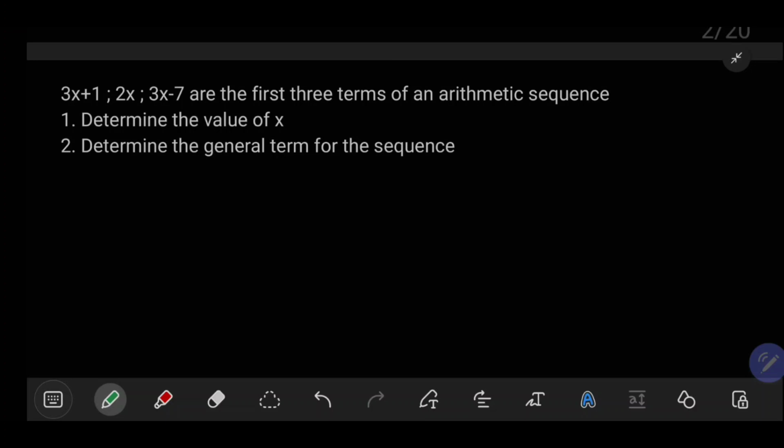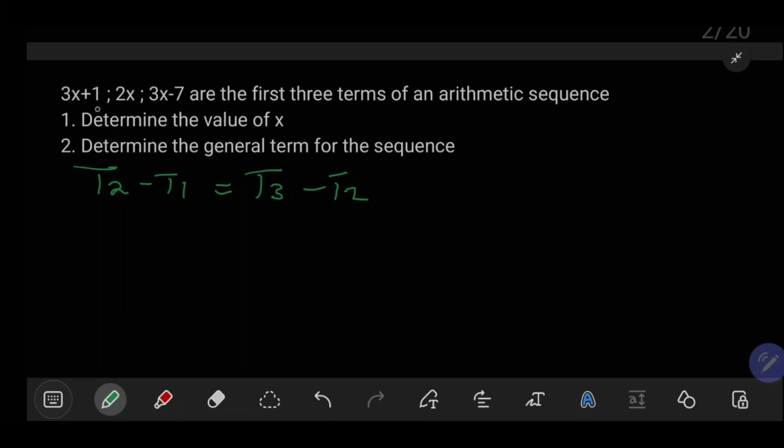Okay, so if you are given a sequence like this, and this is an arithmetic sequence, we know that an arithmetic sequence has a common difference. So it means when we say t2 minus t1, it should be the same as t3 minus t2. Okay, so this is for confirmation purposes.